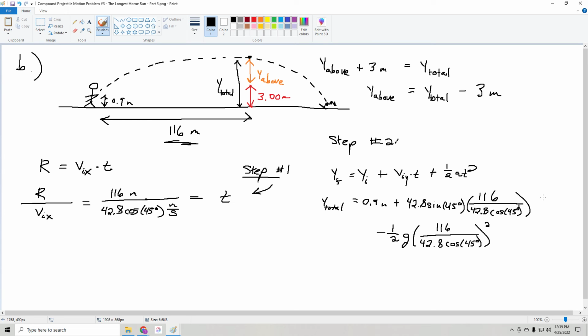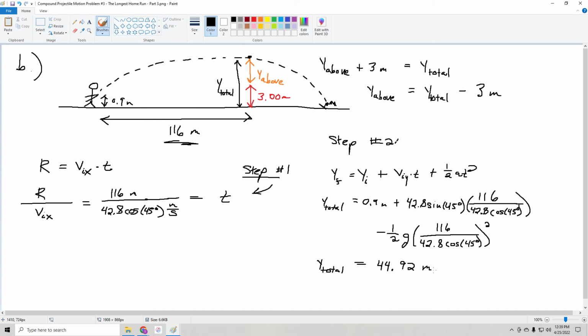So what happens when you plug all of this expression into a calculator? What do we get? Well, I get the following. y total is equal to 44.92 meters.